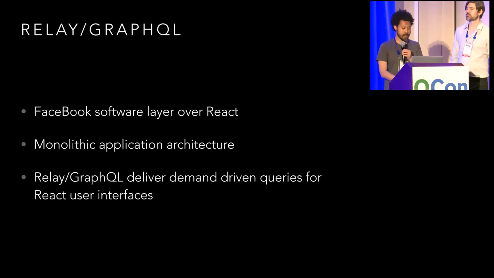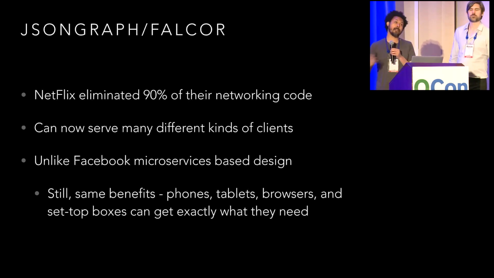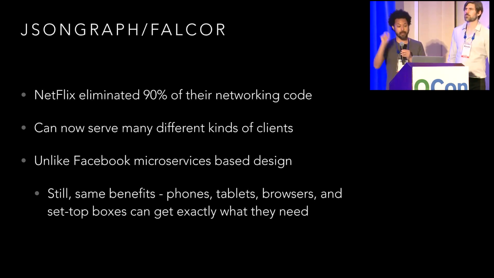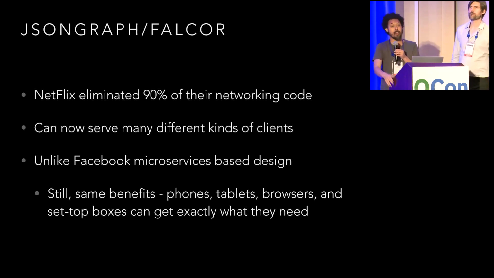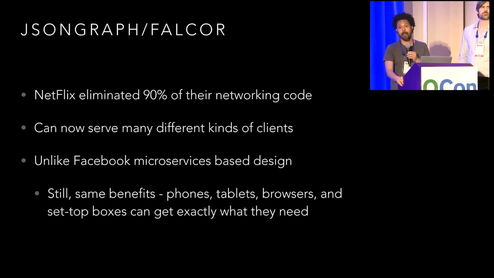It's excellent. But they're not the only people with this idea. Netflix announced something earlier this year called JSON Graph and Falcor. It's the same thing. This talk is about extracting out the principles from these different systems and saying there is a principle here, and that's demand-driven design. Netflix eliminated 90% of the networking code, right? They had all these REST endpoints, and they were able to just throw them all out when they switched to Falcor and JSON Graph.